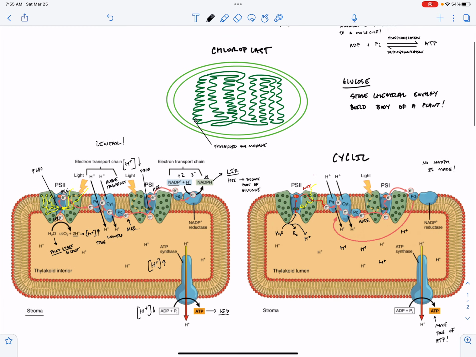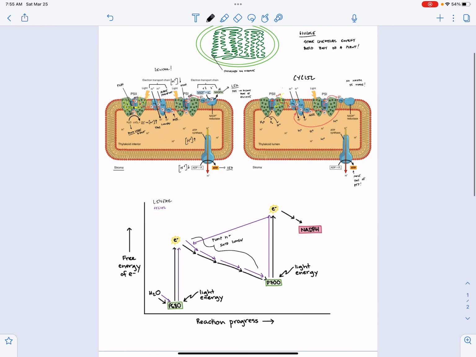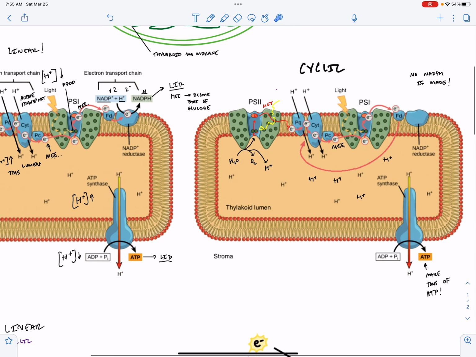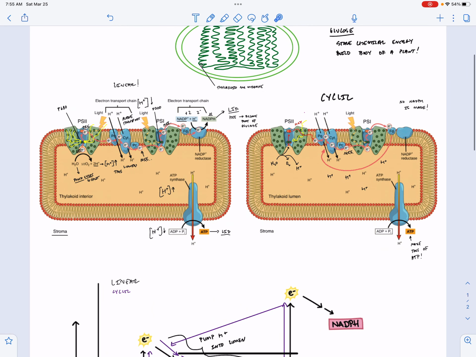Okay, so cyclic is good for some reasons, and it's not so good for other reasons. Because no NADPH is made, the light independent reactions cannot be performed.